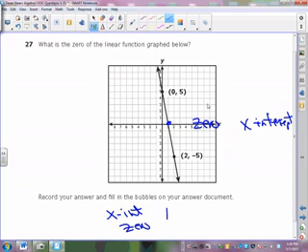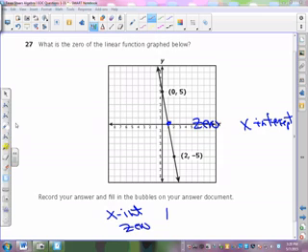A 0 just means where the function equals 0. And a function is always equal to 0 at the point where it crosses the axis, because anywhere along here, when y is equal to 0, you're at the 0 of the function. So wherever that line crosses the axis, that's the x-intercept, that's the 0.